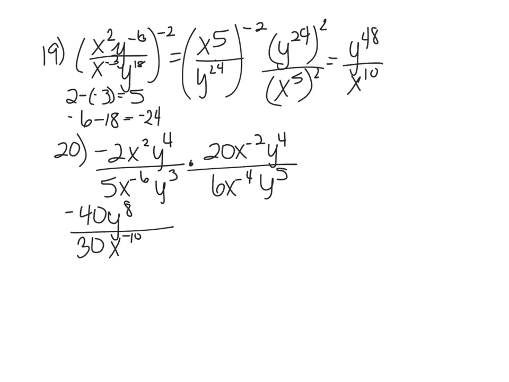And y cubed times y to the 5th is y to the 8th. And our y's cancel. y to the 8th divided by y to the 8th is 1. We can divide out those zeros, so we get negative 4. x to the negative 10 is in the denominator. That moves it back to the numerator, so x to the positive 10th over 3.